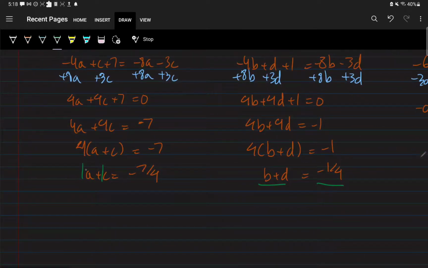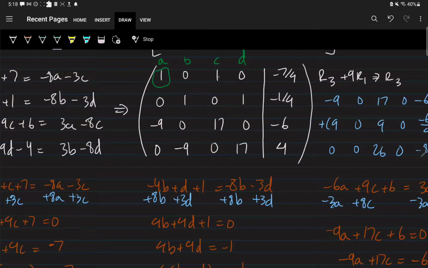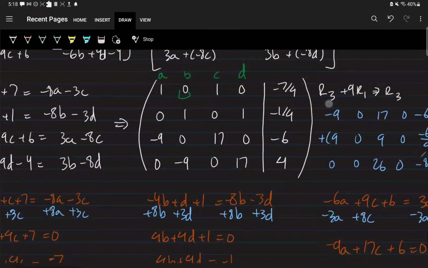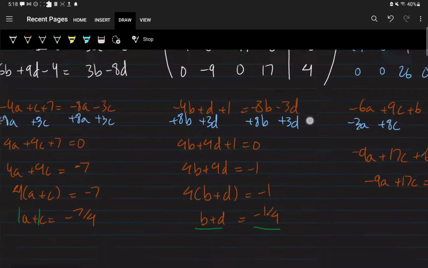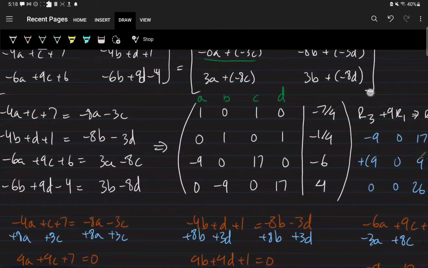But again, a on its own is equal to 1a, and we have 1a plus 1c equals negative 7 over 4, so we have a 1 in the a column and a 1 in the c column. But b and d aren't there, so they're 0 for this entry. And this equation yielded negative 7 over 4, so that's on this side over here on the augment. So I plugged all these in, I simplified, and it gave me this matrix.